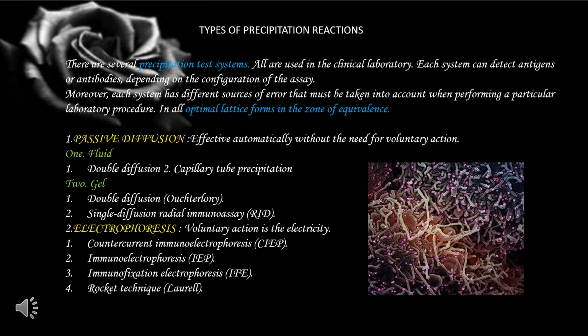So it could be countercurrent immunoelectrophoresis, immunoelectrophoresis, immunofixation electrophoresis, or rocket immunoelectrophoresis. These are the types of precipitation reactions. And that's all about precipitation and its types.